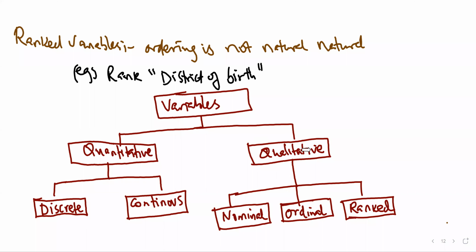For qualitative variables, we have either nominal, ordinal, or ranked variables. This is also the same classification we have for data. Data can be classified as either quantitative data or qualitative data. Under quantitative data, we have discrete data and continuous data, and so on and so forth.